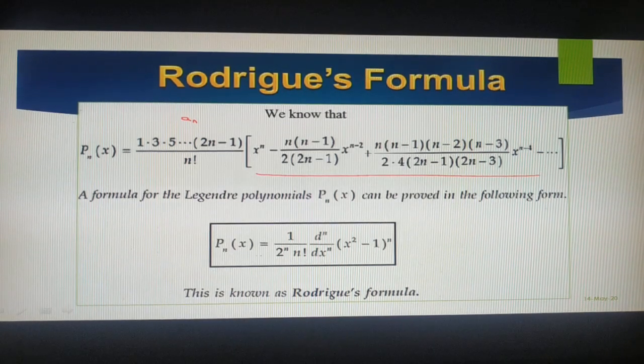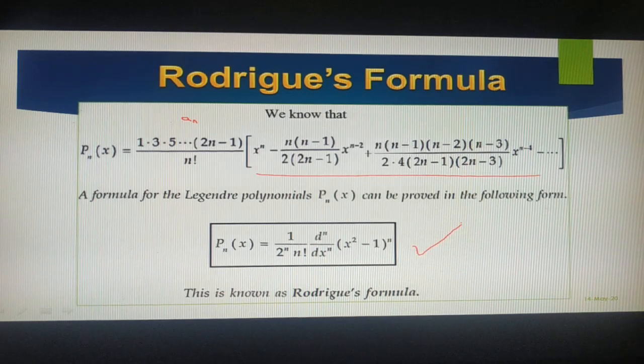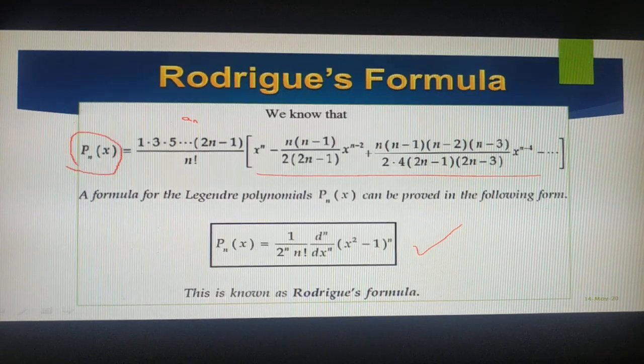Pn of x is equal to 1 by 2 power n into n factorial, d power n by dx to the power of n, bracket of x square minus 1 whole to the power of n. So we have to learn this formula by heart. You should memorize this formula because we don't have proof in our end examination. So straight away you should remember this Rodrigues formula instead of remembering this nth order Legendre's polynomial.